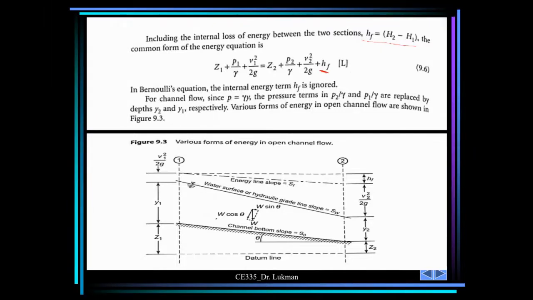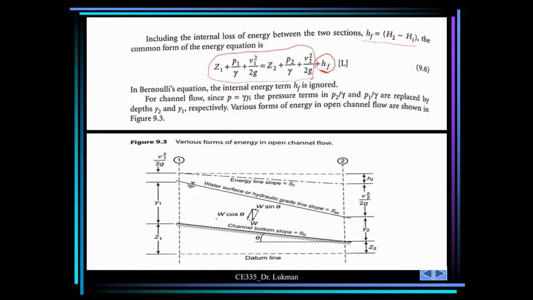Z is the elevation. In the Bernoulli equation, the internal energy term HF is ignored. In the Bernoulli equation, we ignore the head loss, so we have only these terms.